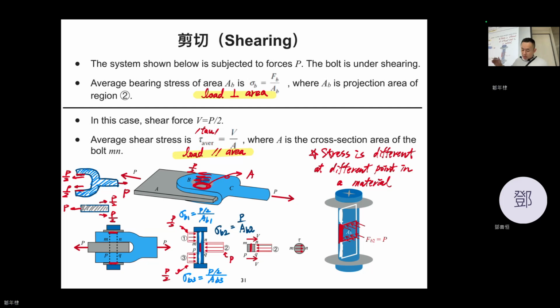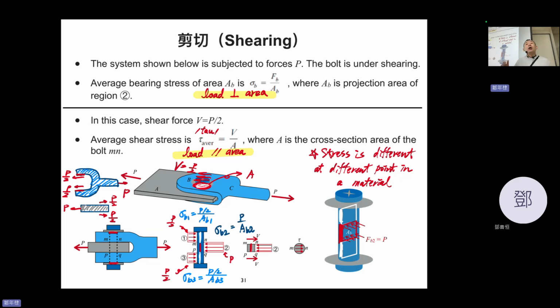So your average shear stress is, the V here is P over 2. V is the shear. So V equals P over 2. P over 2 divided by A, so your average shear stress tau is P over 2 divided by A. That's it.